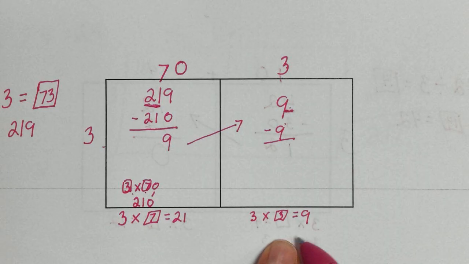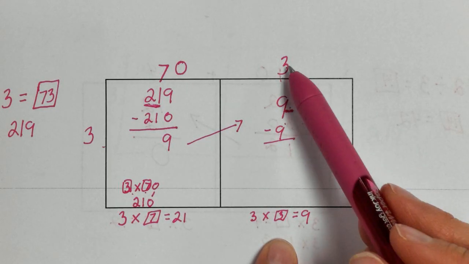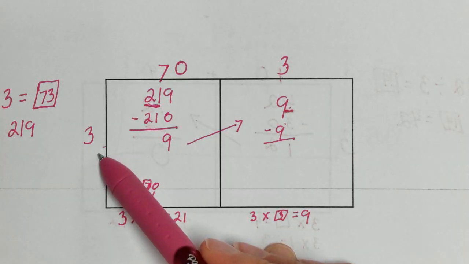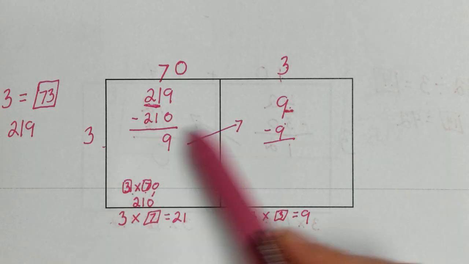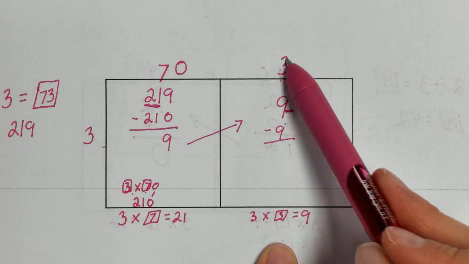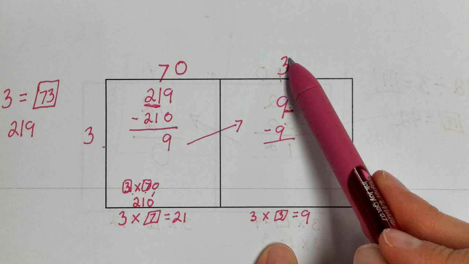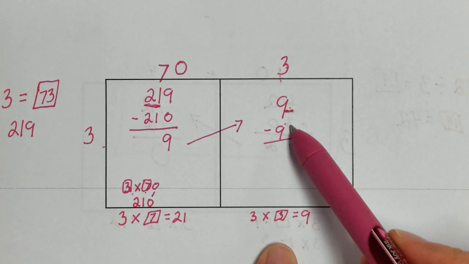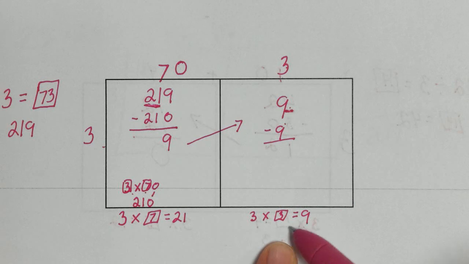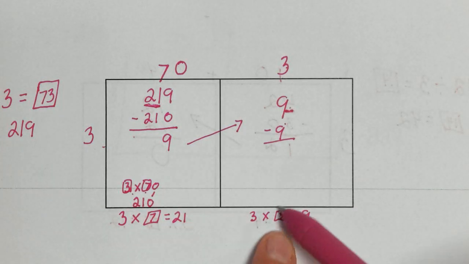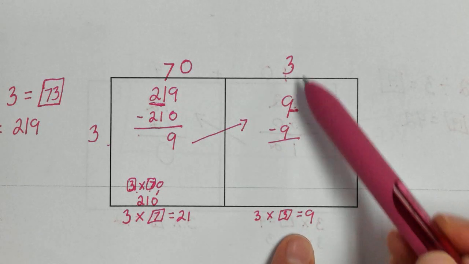Okay? Now, my numbers at the bottom, I need to multiply a number up here times this number over here. I know this number over here, and my answer should come to this. So it's the number up here that I don't know yet, times the number over here that I do to get the number in here. That's the numbers on the bottom that I'm writing. So in this case, it's 3 times a mystery number equals 9.